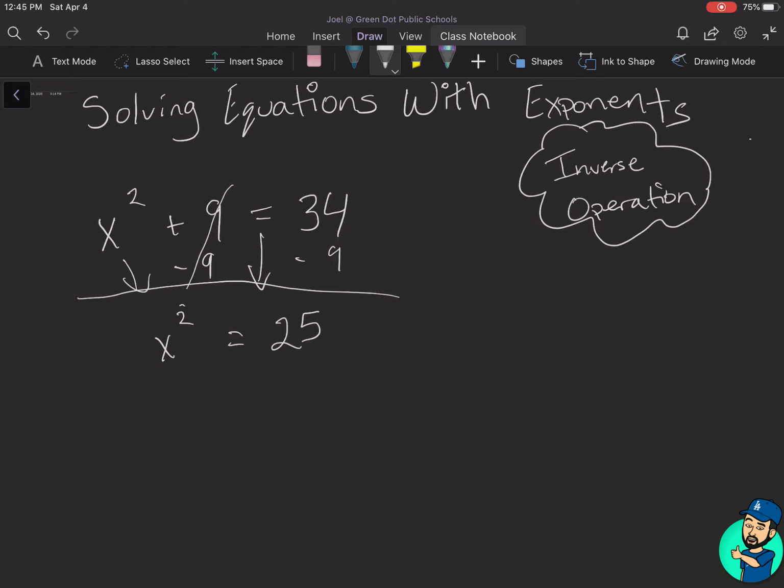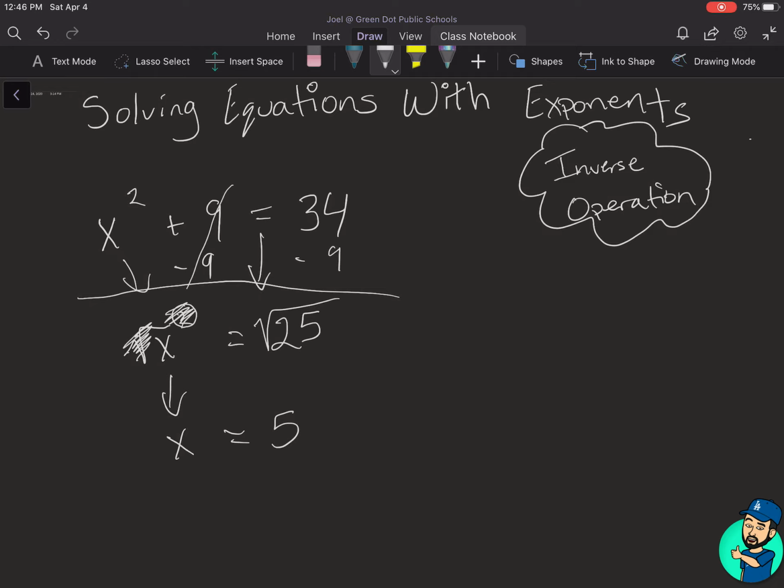To get rid of the square, the power of 2, you need to use the square root. Now this square root will cancel out the power of 2. Now I'm left with x by itself. The square root of 25 is 5, because 5 times 5 equals 25.